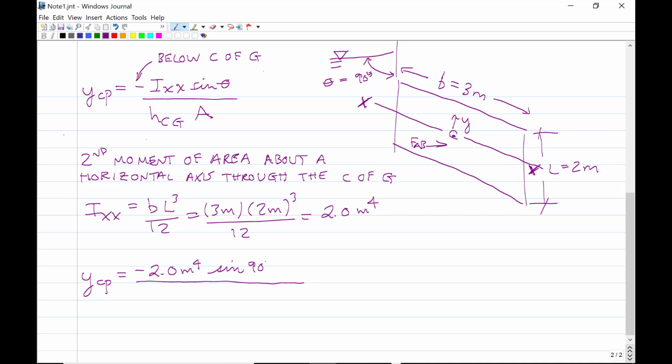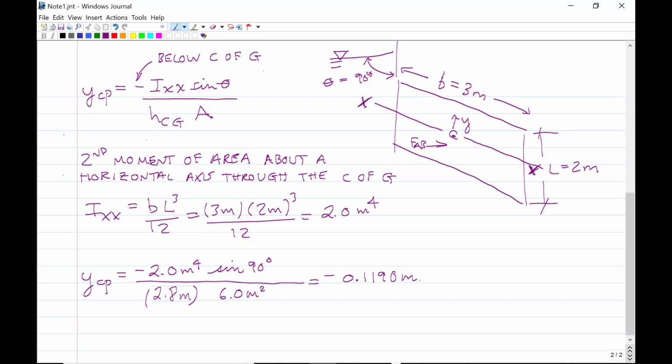I'll just write it in there just to let you know. And we previously showed that hCG, the depth of the centroid from the free surface, was 2.8 meters, and the area of the gate is 6.0 square meters. You can see we have meters to the fourth on the top and meters cubed on the bottom, so that's going to give you minus 0.1190 meters. So we're 0.1190 meters below the centroid.